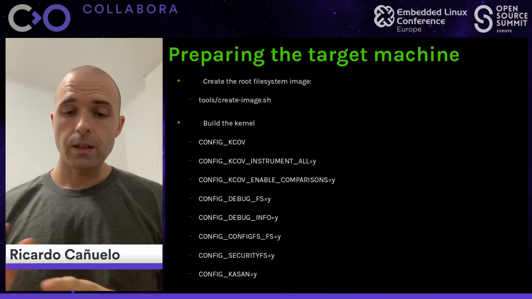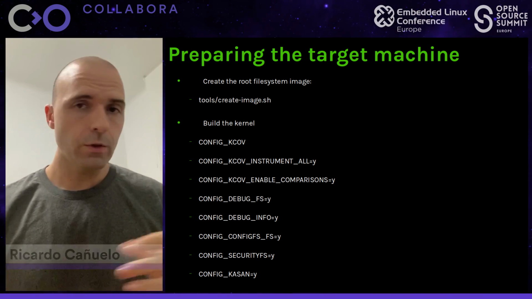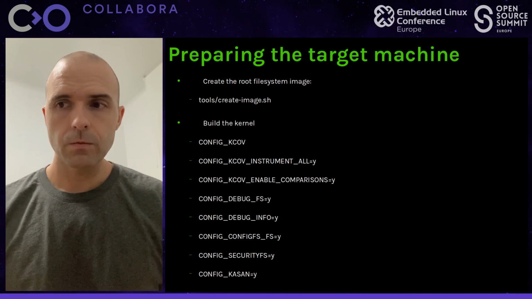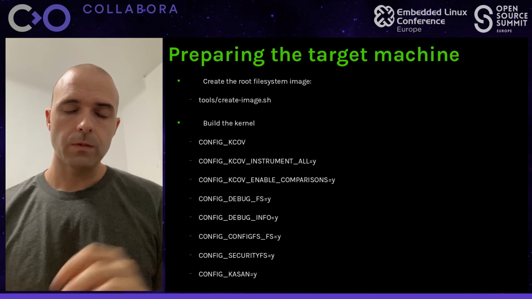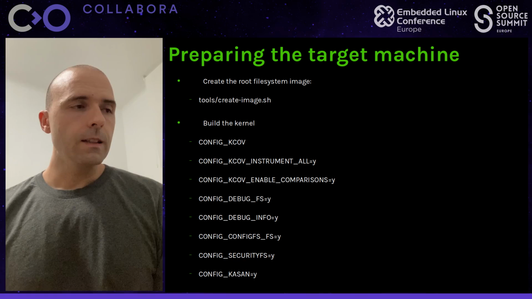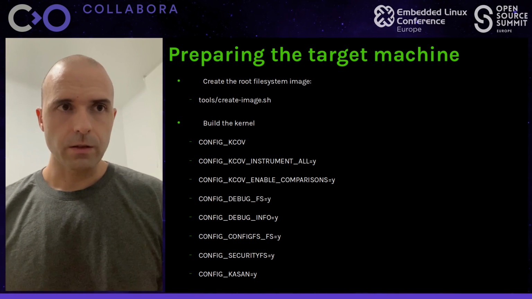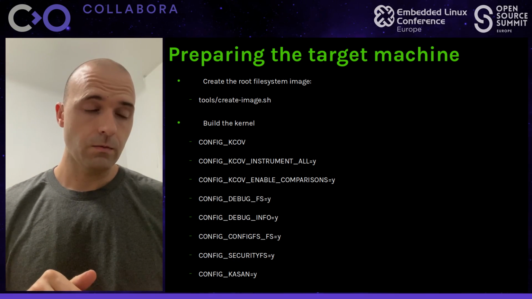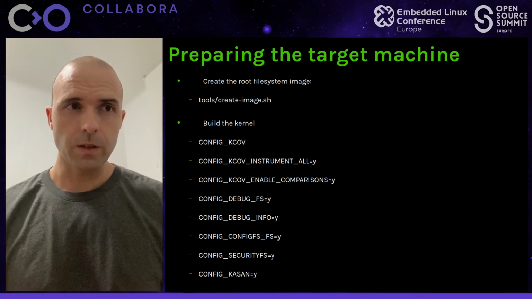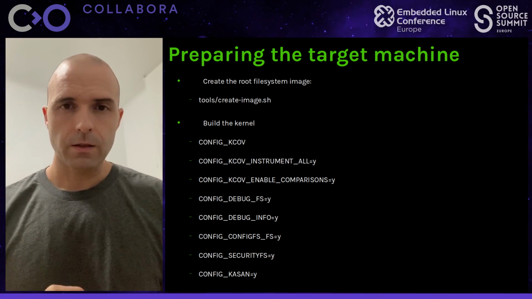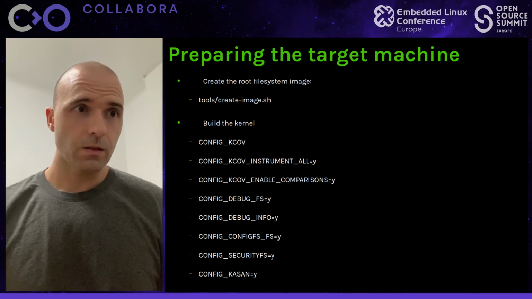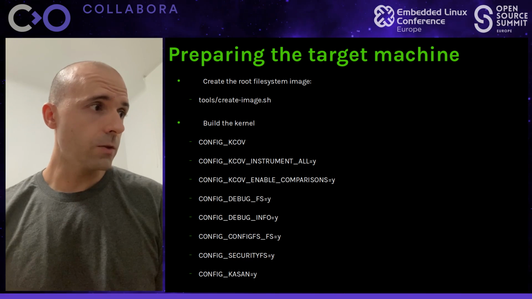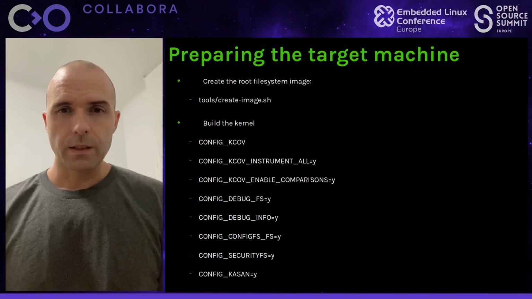And then you can bring up your board using the kernel and the root file system that you generated. My personal recommendation is to configure the bootloader so that it can boot the kernel from TFTP and mount a root file system via NFS, because I like to avoid relying on an SD card.